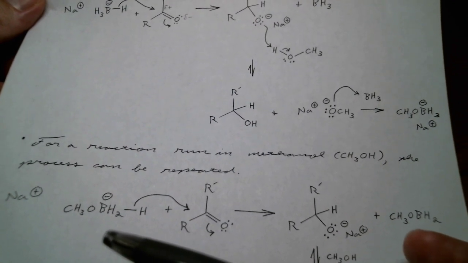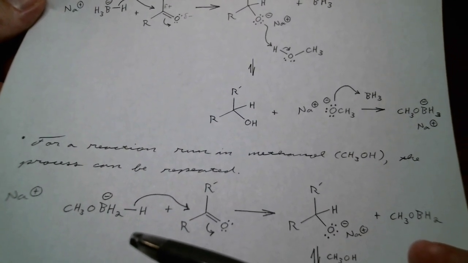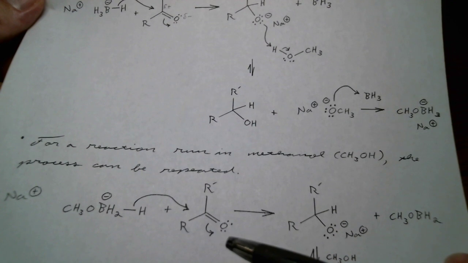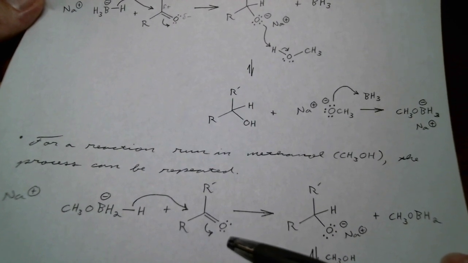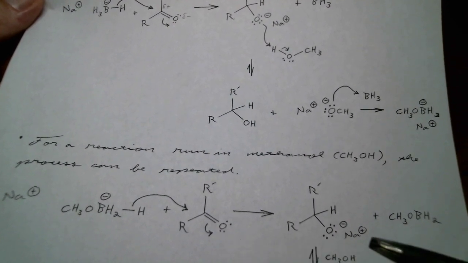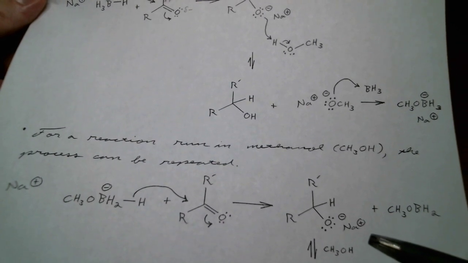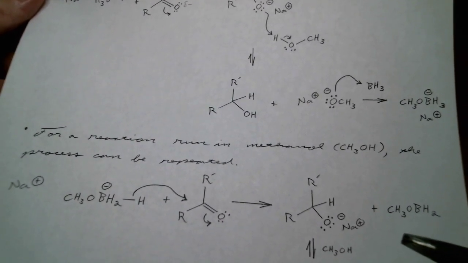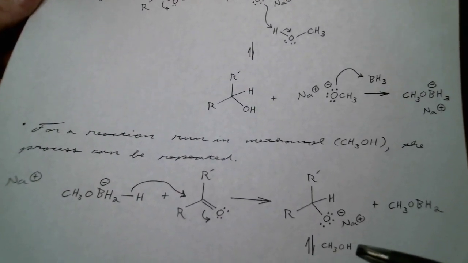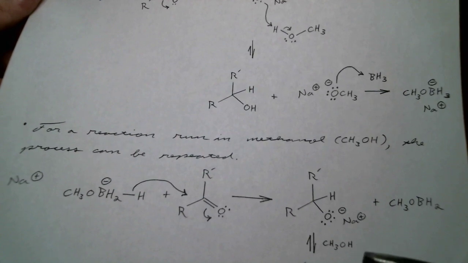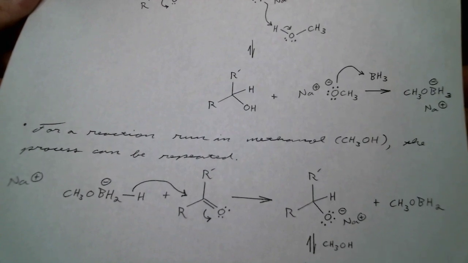Our sodium methoxy borohydride can go ahead and add another hydride to another equivalent of some sort of carbonyl and generate another alkoxide and methoxyborane, and that alkoxide can deprotonate another molecule of methanol.